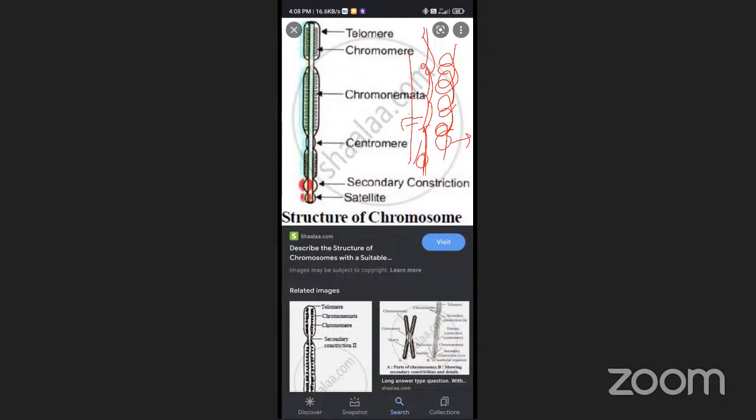Chromonema is chromatin with loosely placed beads, chromomeres have closely placed beads, and these beads increase in thickness and now form the chromatid.